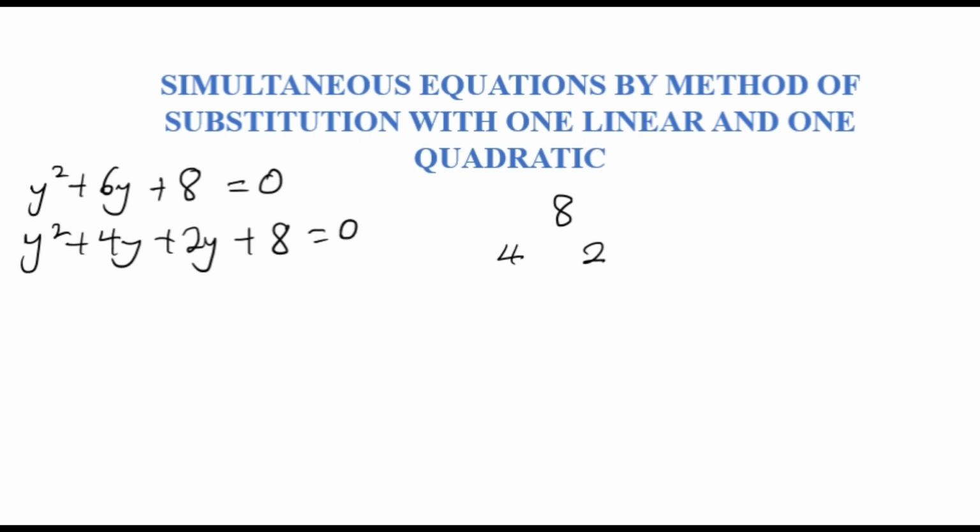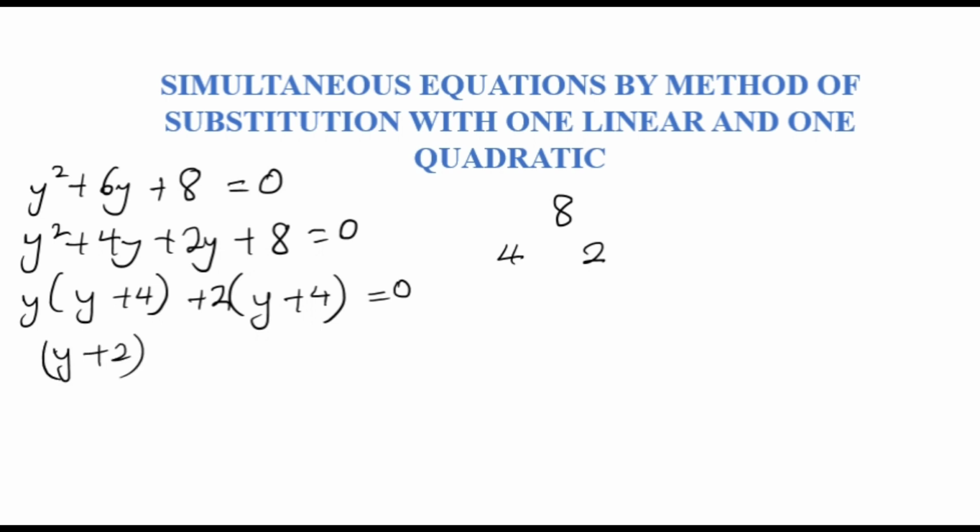And we factorize. So we have y into bracket y plus 4, and we will have the same y plus 4 over here, and we have plus 2. So this is the same as this, equals 0. So we have y plus 2, y plus 4 equals 0.